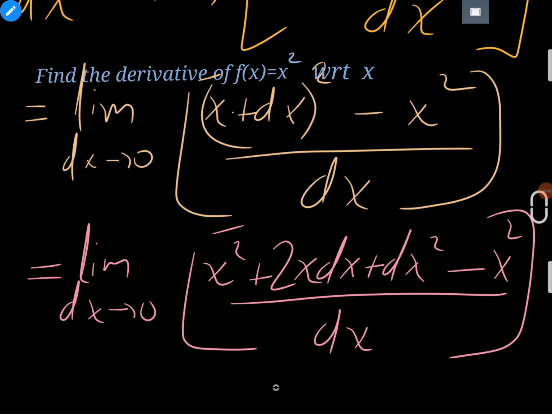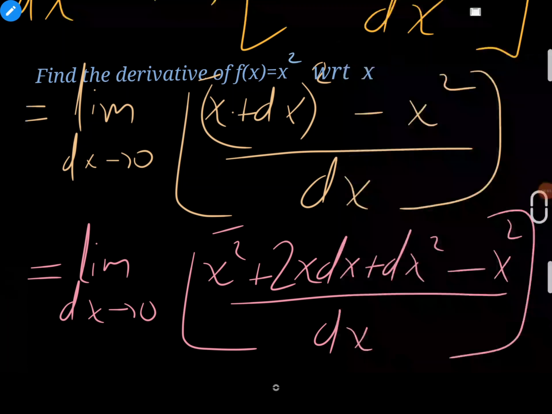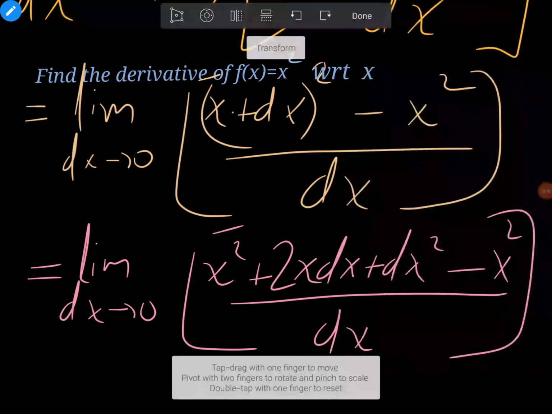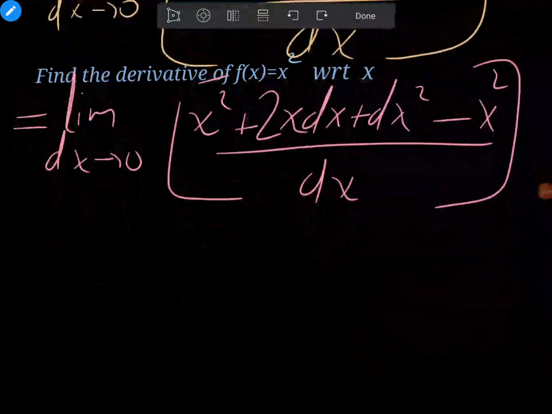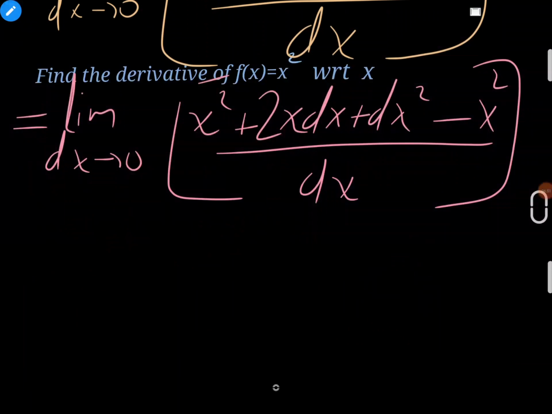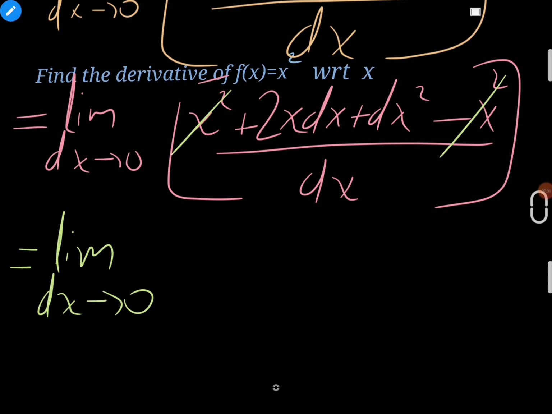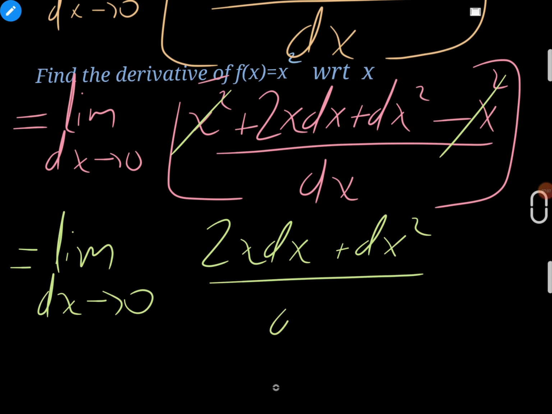Now if you look carefully, you will see that x square minus x square I can cancel. So now it is equal to limit dx tends to 0, 2x dx plus dx square whole divided by dx.